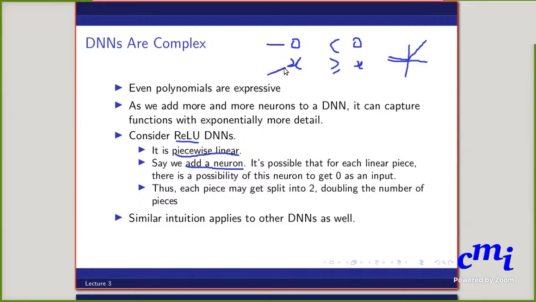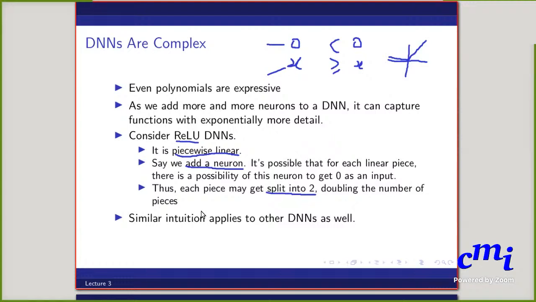So whenever we are making this transition, we are going to end up getting a split in the piece. Each piece in some sense is going to split into two, resulting in a doubling of the number of pieces, right? Of course, this is the worst case scenario. It might happen that for a particular neural network, if you add a neuron in some particular way, you can get away without having this doubling.